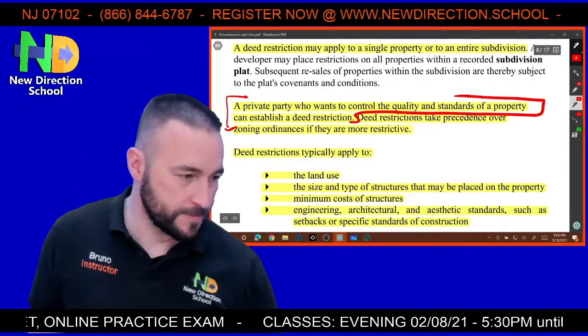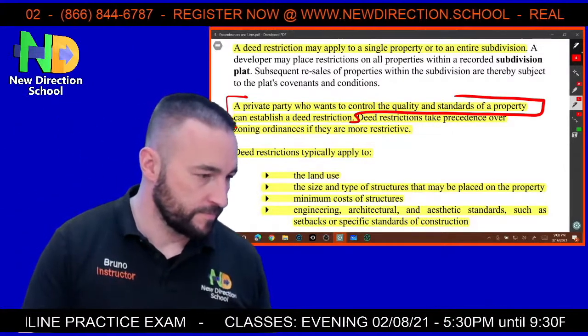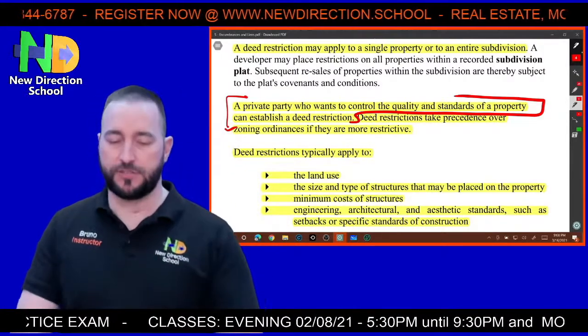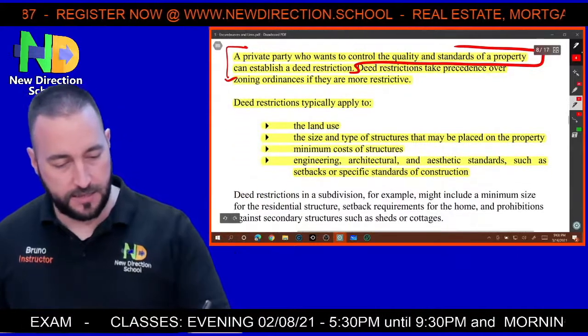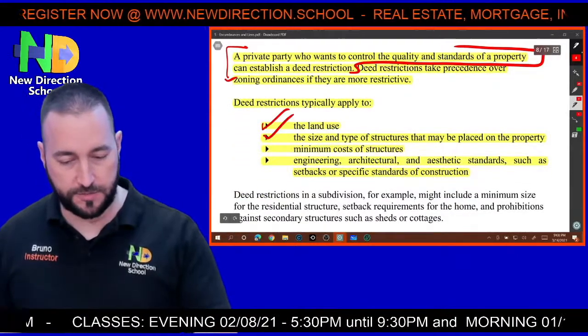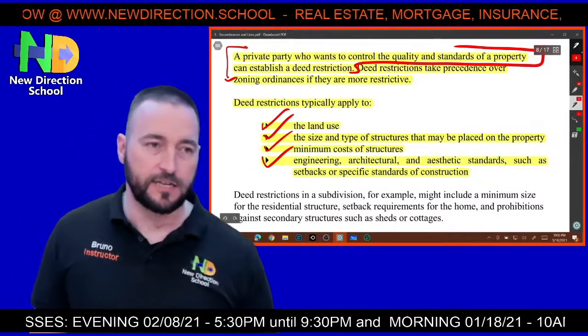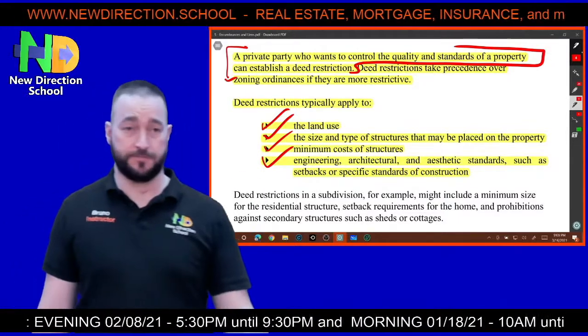Private. These restrictions apply to land use, size, the type of structures that may be placed on the property, minimum cost of structures, engineering, architectural, aesthetics, blah, blah, blah.